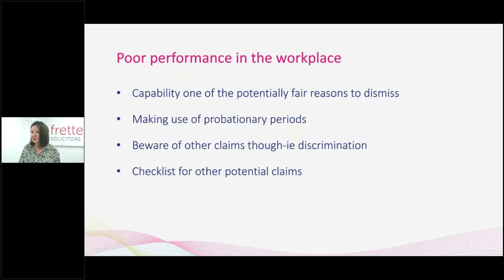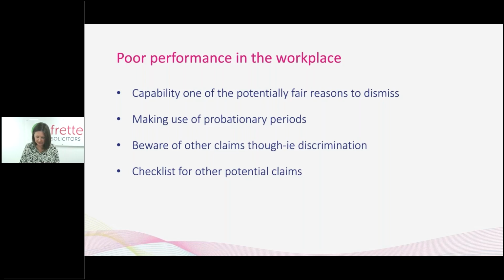For the next part of the session, we're continuing to focus on capability, and this time specifically on poor performance. We all know there are 5 potentially fair reasons for dismissal, and one of those reasons is capability, as Chris has just told us.